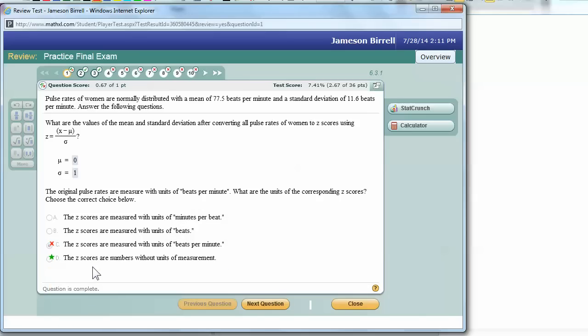Important correction. The z-scores are kind of like, when you calculate a circumference and you're using pi, it doesn't matter. Pi is unitless, right? So like the z-scores here, they're unitless also, right? So I apologize.